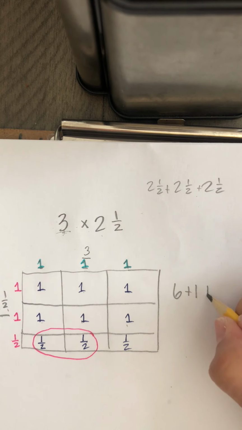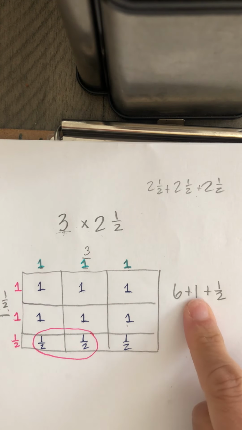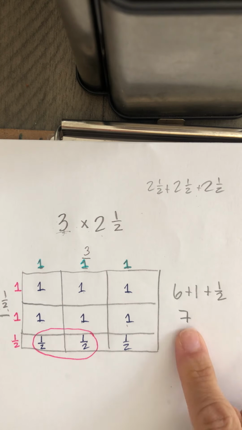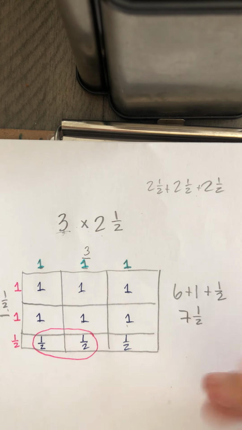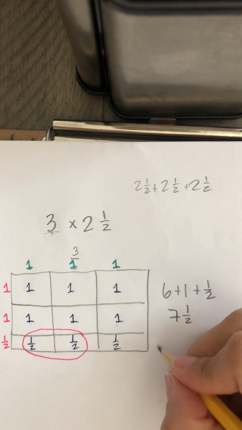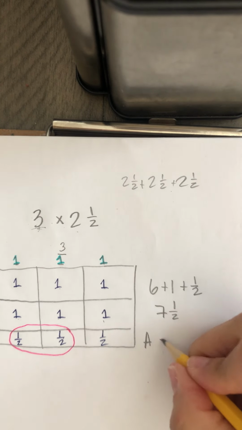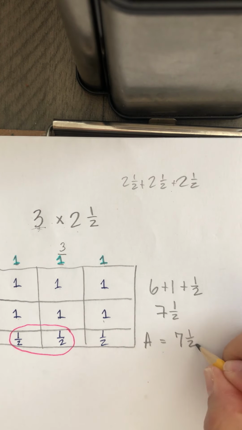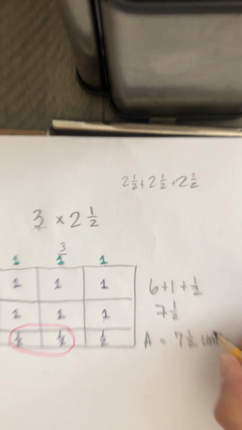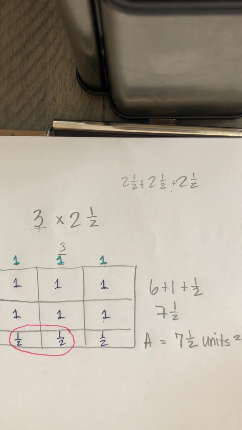And then you have a half. So what is 6 plus 1? It's 7, and then you have your half. So there you go, boys and girls. Your area on this problem is equal to 7.5 units squared.